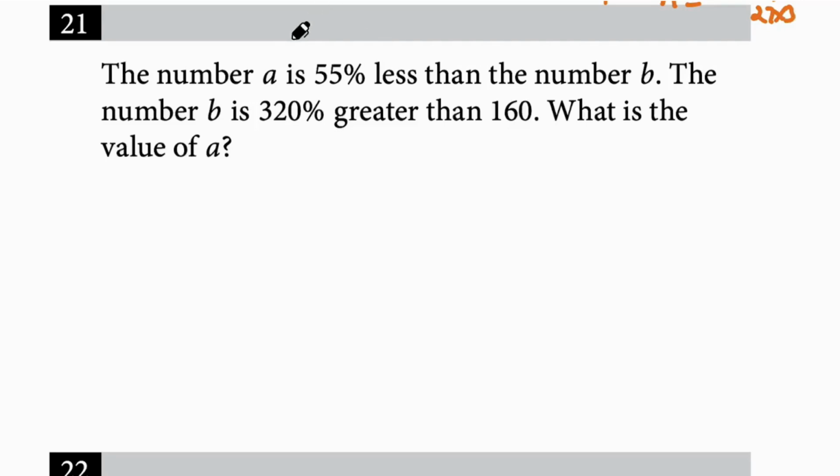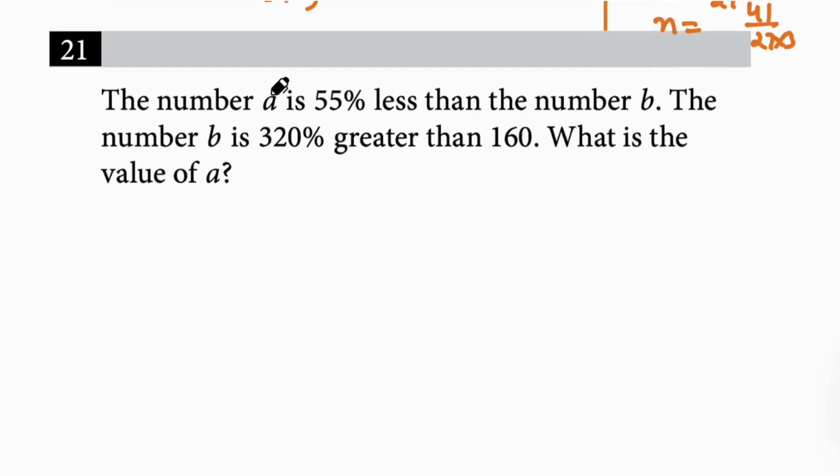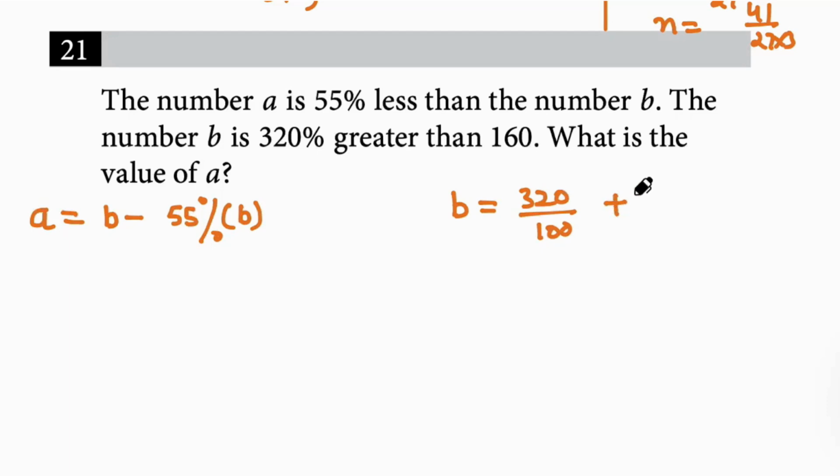Okay. Let's come to question number 21. The number A is 55% less than the number B. And the number B is 320% greater than 160.